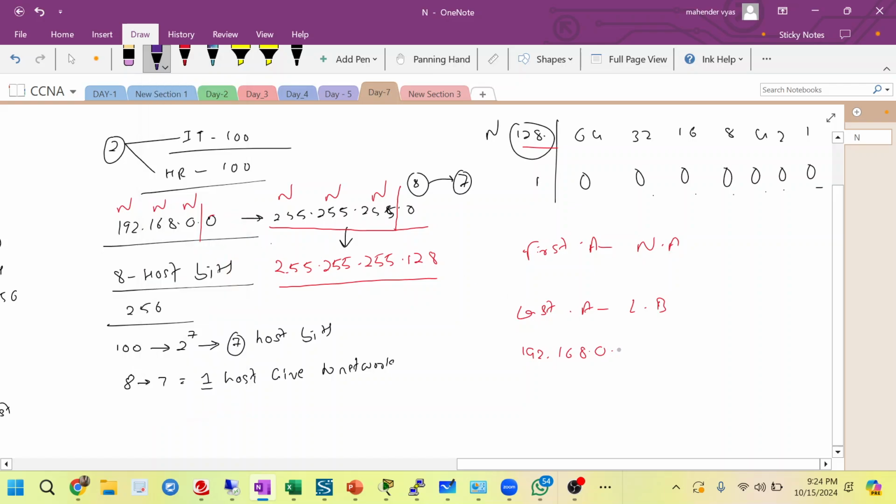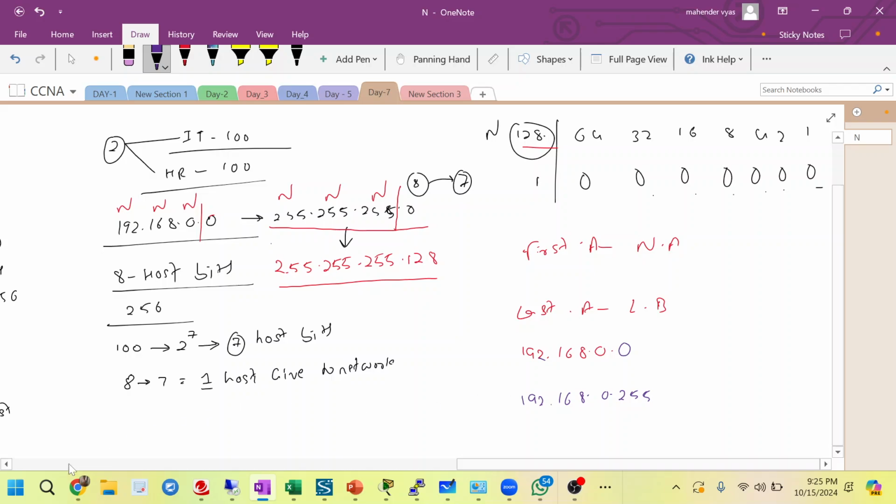So in our host bit, 0 is the first address, right? There is no number less than 0. And what would be the last bit? If you calculate all of this, that would be the last addresses, right? 192.168.0.255. This would be our last address, correct?